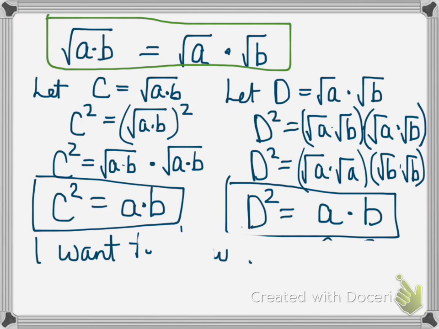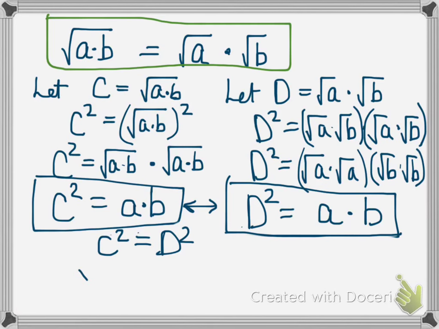I know that from these two things. Since they're equal to the same thing, they're equal to each other. So C squared equals D squared, but watch what I can do. I can take the square root of C squared, and that equals the square root of D squared. Square root of C squared is C, square root of D squared is D, so C equals D. Okay, so we have proven that C equals D down here, so that means that this is true up here.